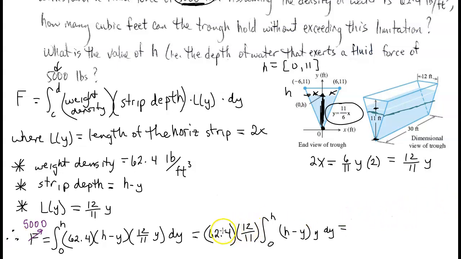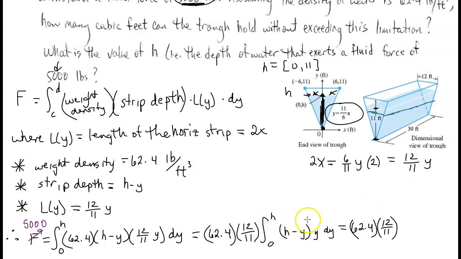All right, so this 62.4 times 12 over 11, I'm just going to keep it that way, and I'll wait to the very end to deal with that because I figure that's probably going to be some nasty decimal that I don't want to write a whole bunch of times.